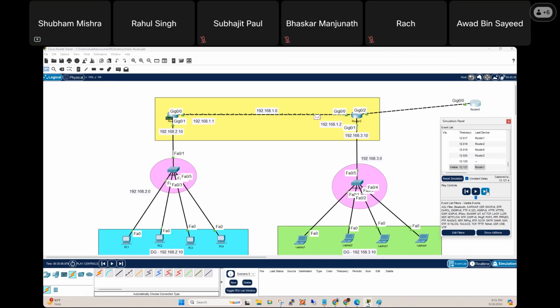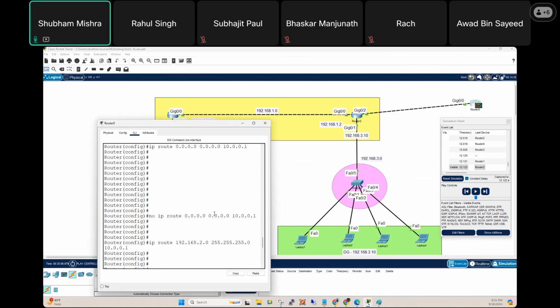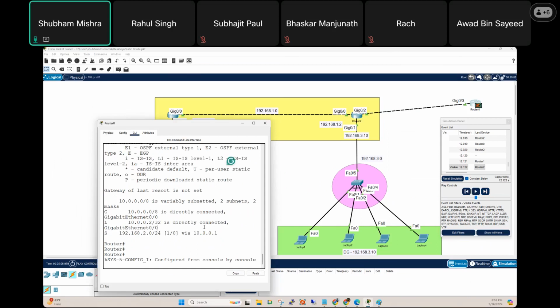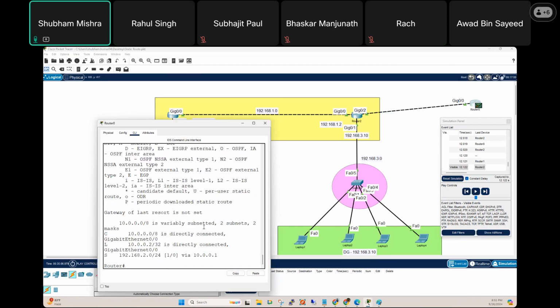Again sending packet forward. So please remember, router always checks the forwarding decision on the basis of the routing table. But when you check the routing table, there is no default route now. What you are getting?